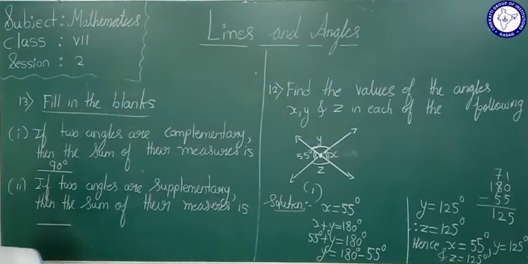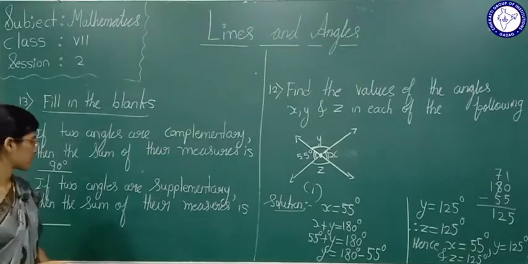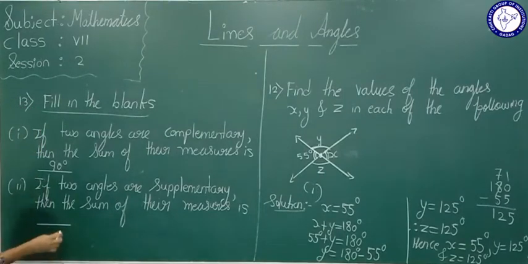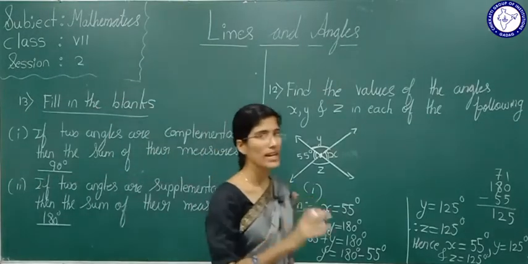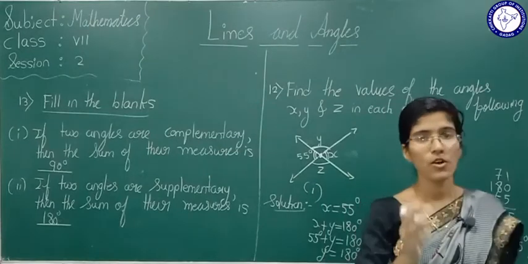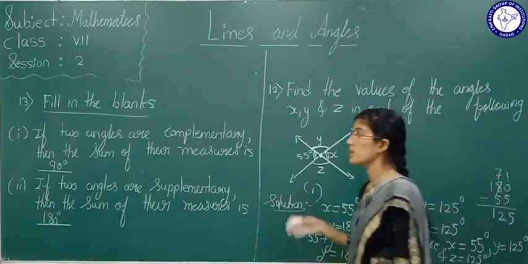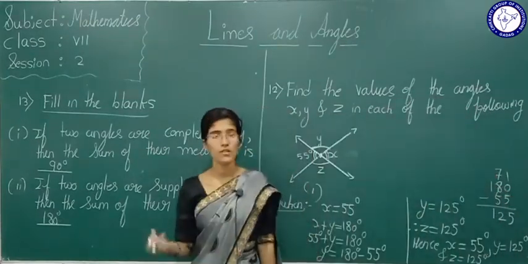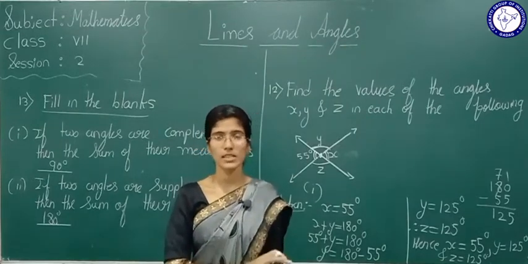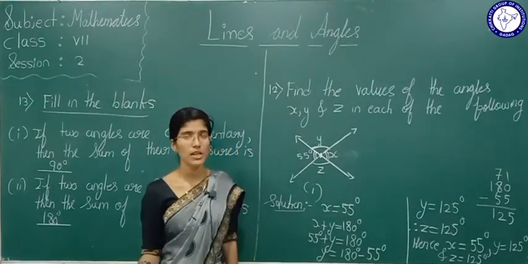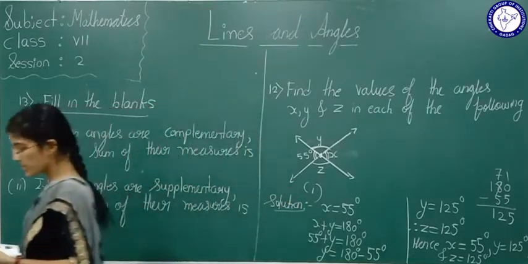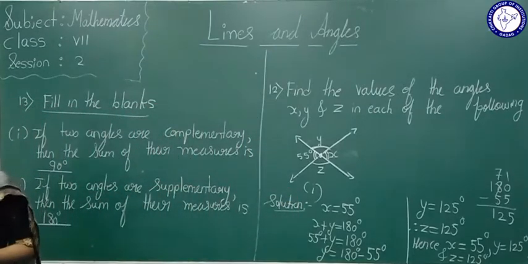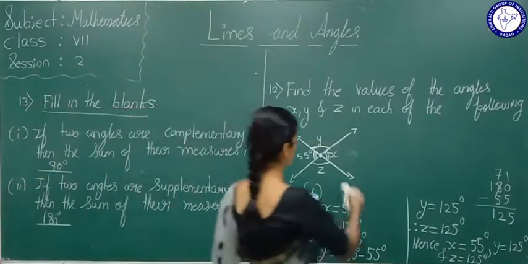So what is the answer, students? If two angles are supplementary, then the sum of their measure is what? 180 degrees. Yes or no? Two angles are called supplementary if their measure is 180 degrees. Don't get confused with complementary angle and supplementary angle. Two angles are called complementary if the sum of the angles is 90 degrees. Two angles are called supplementary if the sum of their angles is 180 degrees. Now we will see the third one.